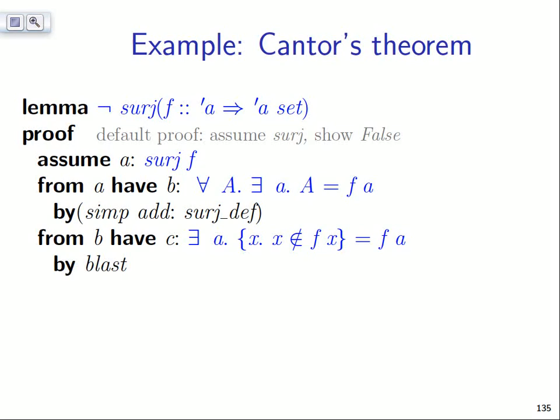So all you need to do is bypass. In fact, you just peeled off that universal quantifier and instantiated the capital A with the set of all x such that x is not in f of x. So that much is also unsurprising, but what may not be immediately obvious is that this is contradictory. This statement, that there is a little a with this property, is contradictory, and we can show false by blast.